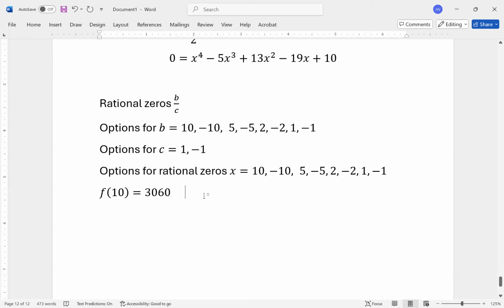What would happen if I plugged in a -10? Well, I'd get 8,250. What if I plugged in a 5? Let's go ahead and plug in a 5. I get 120.